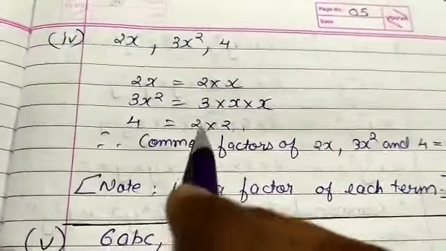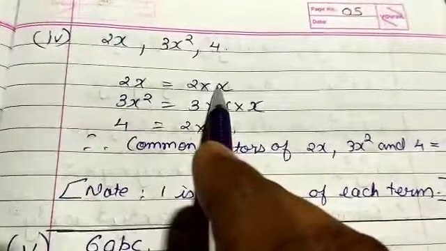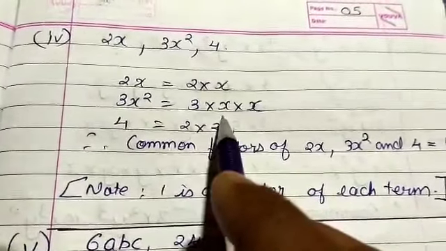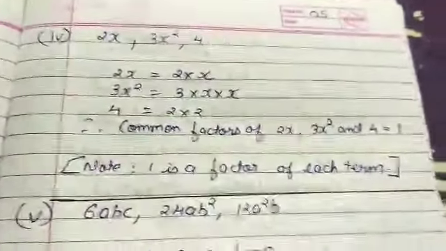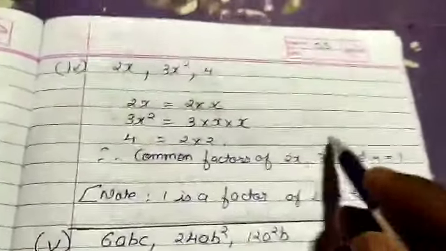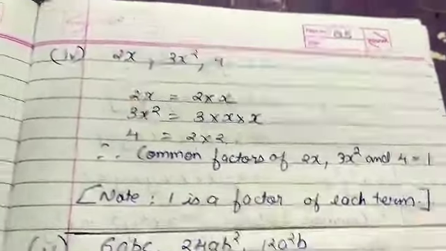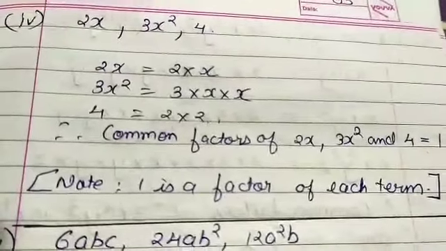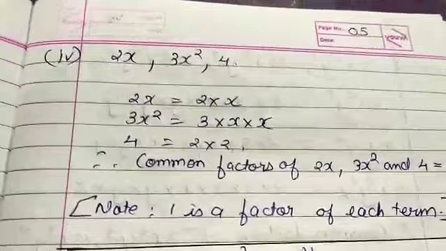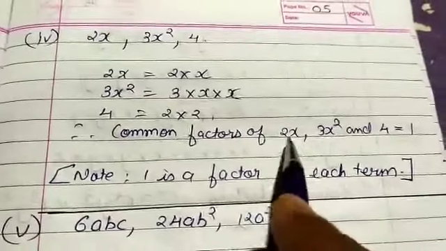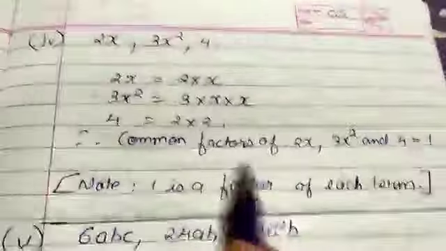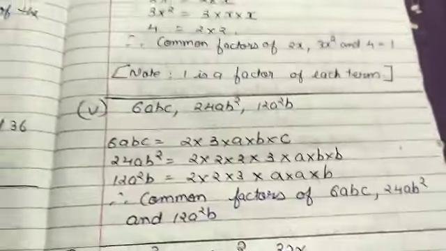And x is there in the first expression and the second, but in the third it is not there. The common factor of 2x, 3x square and 4 is only 1, as we saw that 1 is a factor of every expression. So we can say that 1 is a factor of each term. There is no common number.